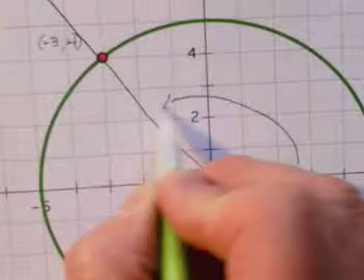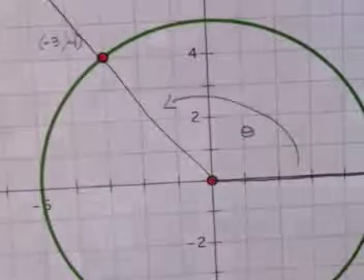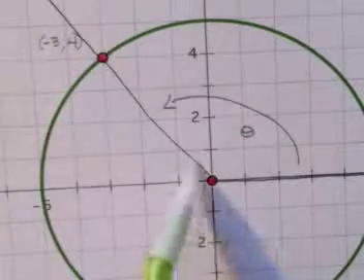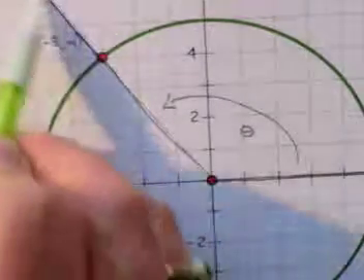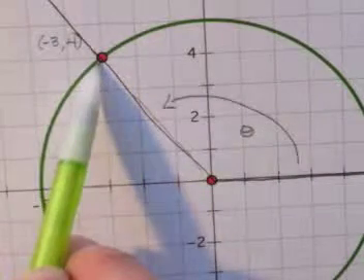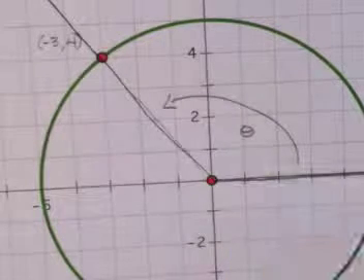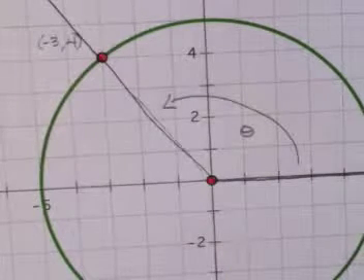So if we take a look here, I have this obtuse angle named theta, and on that terminal side of this angle, I have the point -3, 4. And I'm interested in finding my 6 trig ratios.